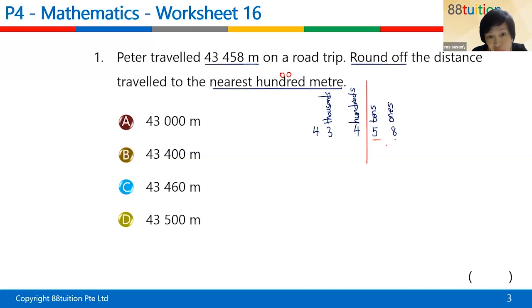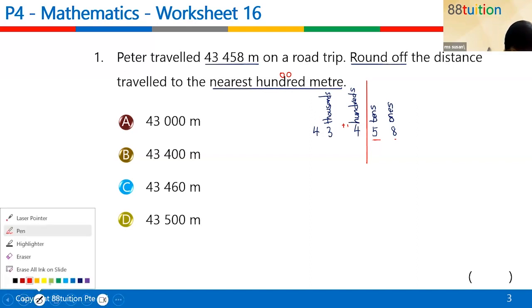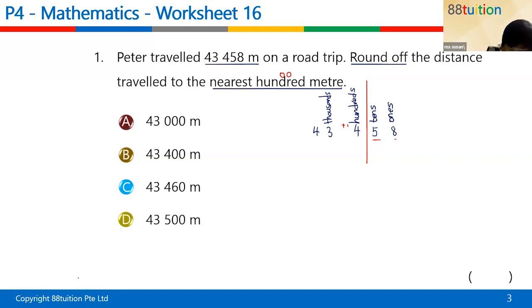So when we underline, we are now looking at 5. Any number greater than or equal to 5, we must round up to the hundreds column by adding 1 to the hundreds place. So we add 1 to 4. Draw a curvy equal line, no straight lines.